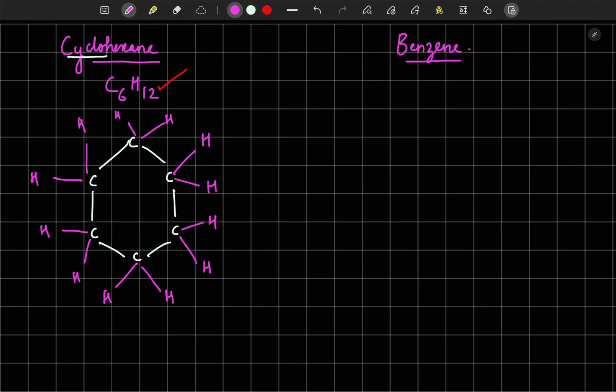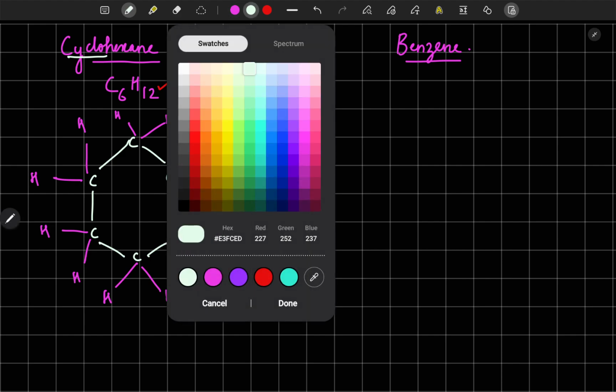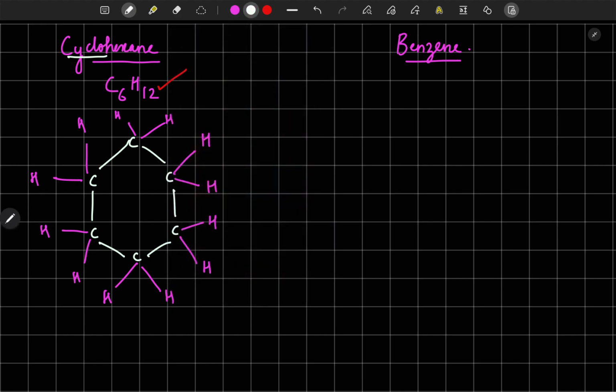Now look at benzene. Benzene is a little different, because the formula of benzene is C6H6. Don't forget the formula of benzene. That is also a cyclic compound, so let us draw it.